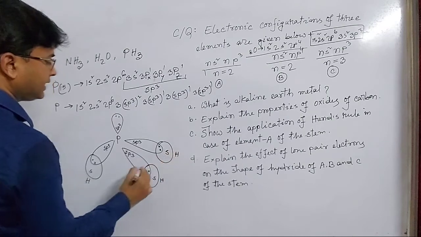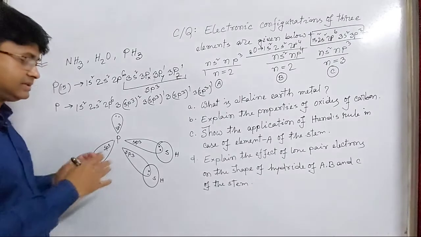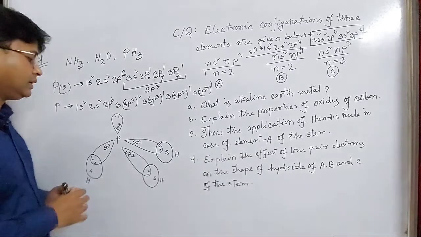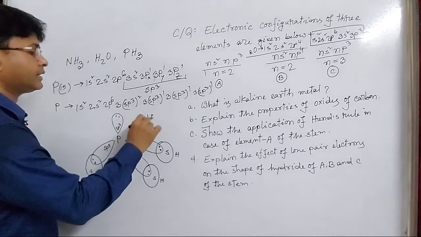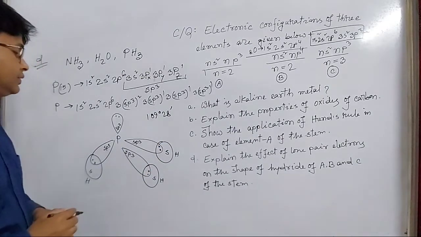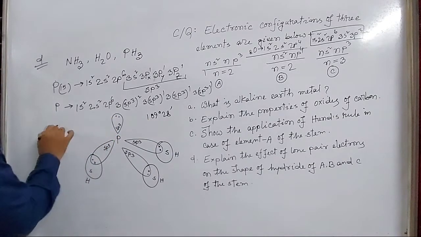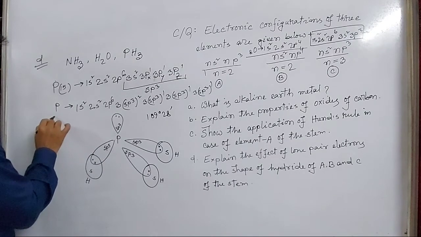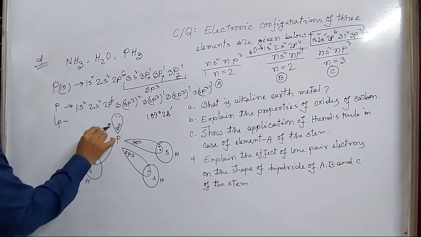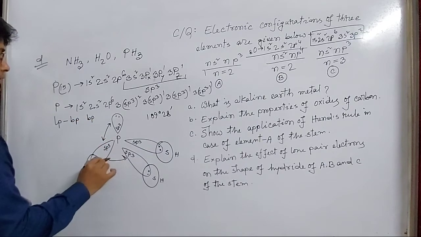Students, as here sp3 hybridization takes place, the bond angle should be 109 degree 28 minute. But due to the presence of lone pair electrons, there is a repulsion of lone pair bond pair and bond pair takes place.